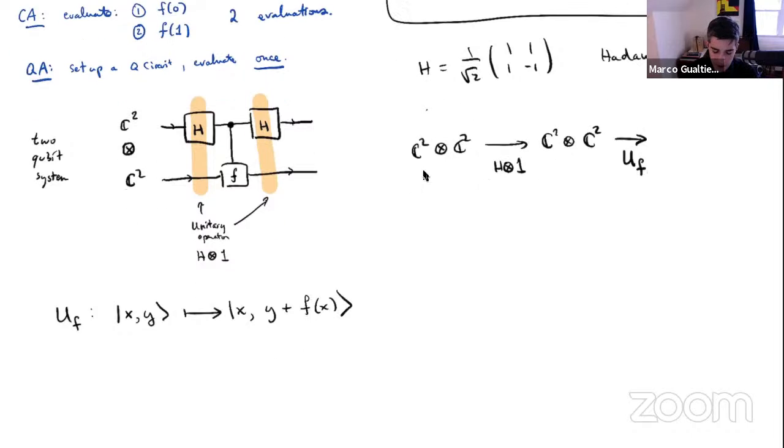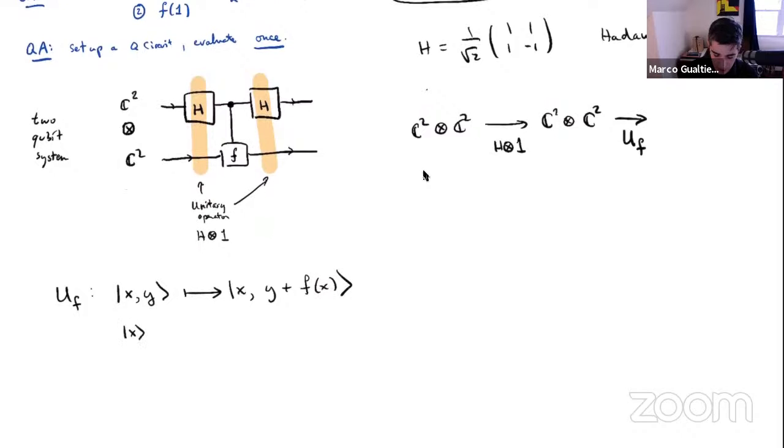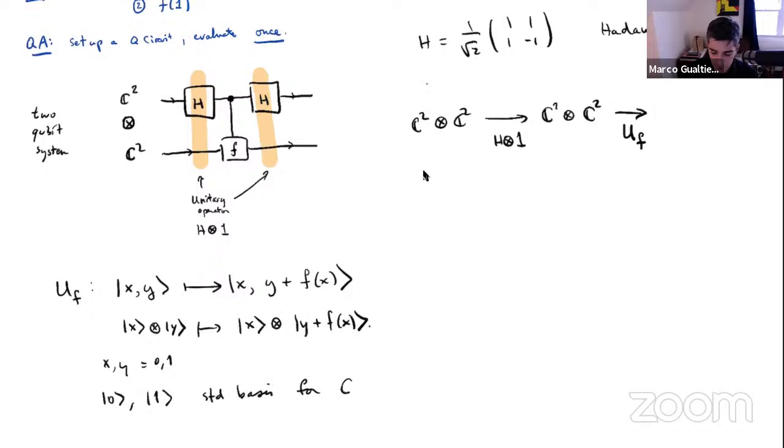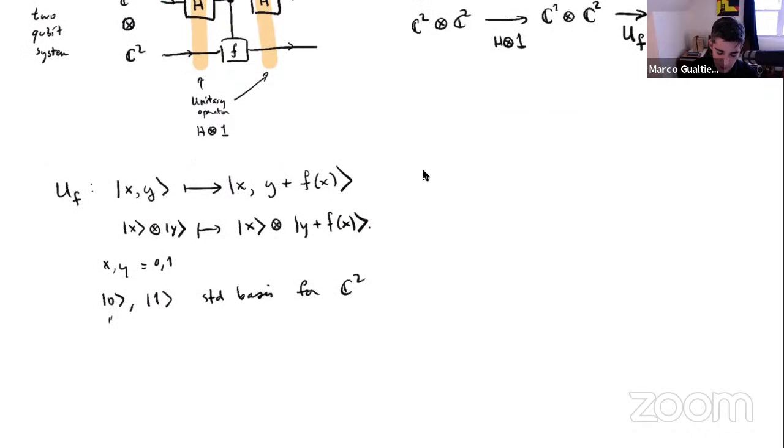So what does this mean? This means that x tensor y, the decomposable vector in C2 tensor C2, is going to be sent to another decomposable vector, x tensor y plus f of x, where x and y can be 0 or 1, and this is the standard basis for C2. You could take this to be, for example, 1, 0, and this to be 0, 1, if you wish.